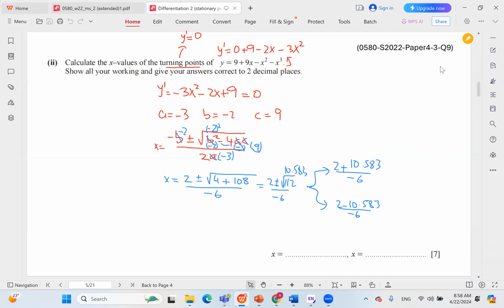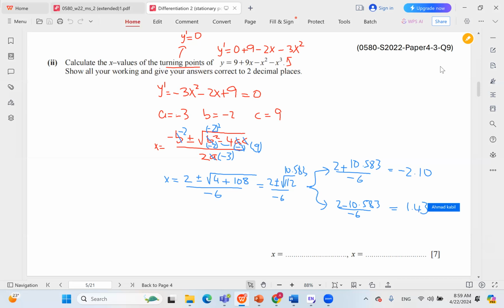This gives us negative 2.097, which is basically negative 2.10. And for the second one, we have 2 minus 10.583. And then we divide the answer by negative 6. We get 1.43.